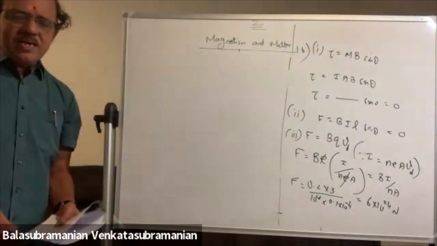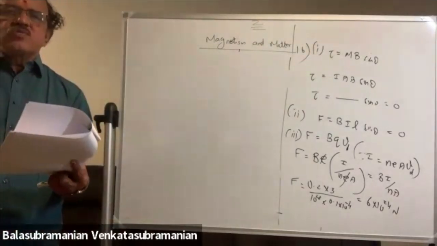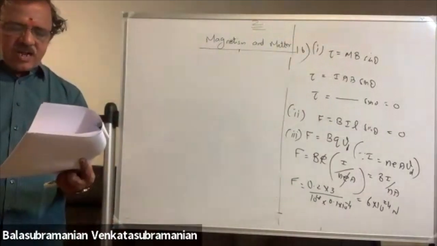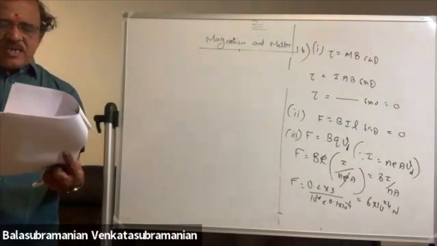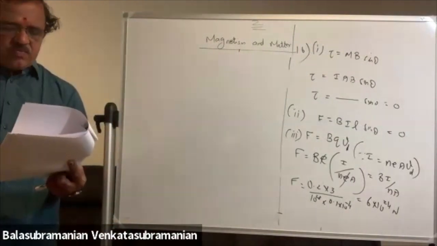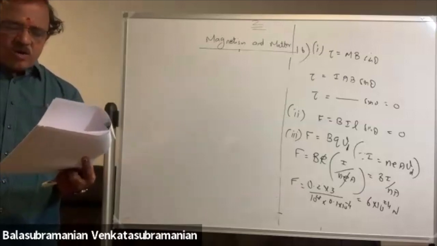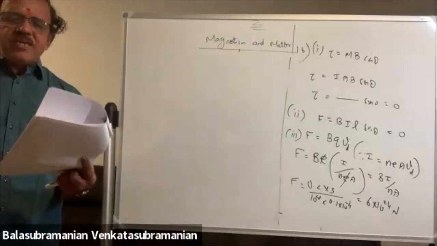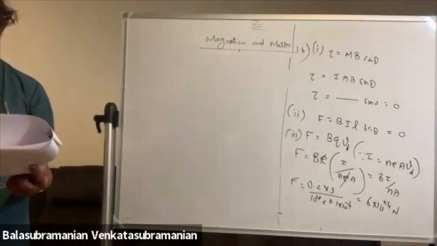A bar magnet is placed in a uniform magnetic field whose strength is 0.8 Tesla. If the bar magnet is oriented at an angle of 30 degrees with the external field, it experiences a torque of 0.2 Newton meter. Calculate the magnetic moment of the magnet.